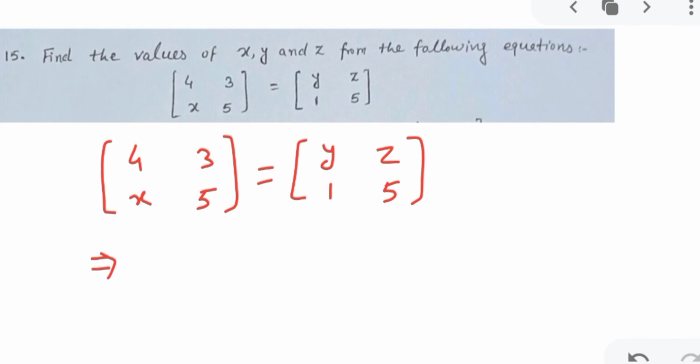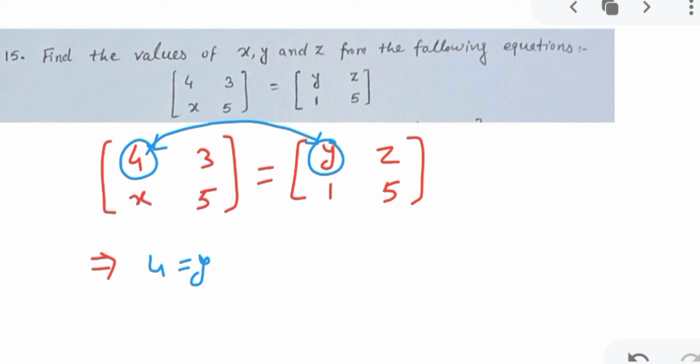Obviously if these two matrices are equal, then corresponding elements will be equal. What is the meaning of corresponding elements? Corresponding elements means this element 4, the A11 in the first matrix, will be equal to A11 of the second matrix. So 4 is equal to y, correct?